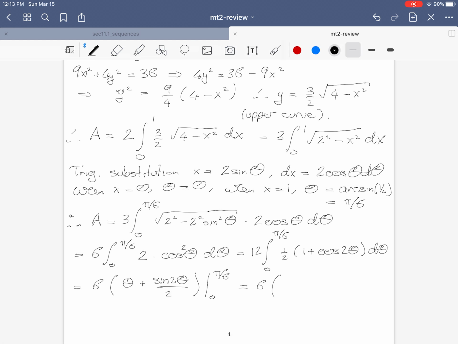Let's evaluate this. So we have 6 times by theta. So at pi by 6, this gives us pi by 6 plus sine of 2 theta. So that's pi by 3, divided by 2. And notice that at 0, both theta and sine 2 theta are 0.